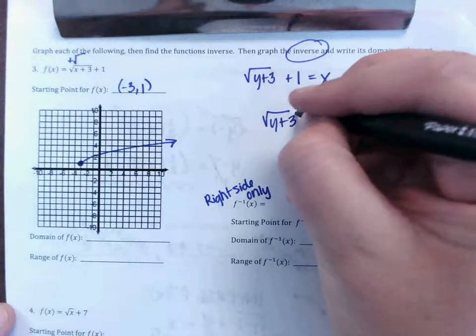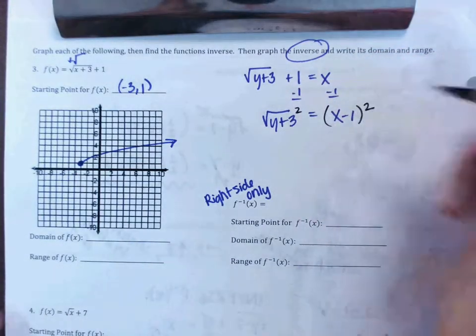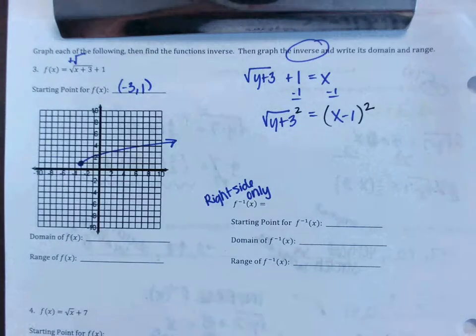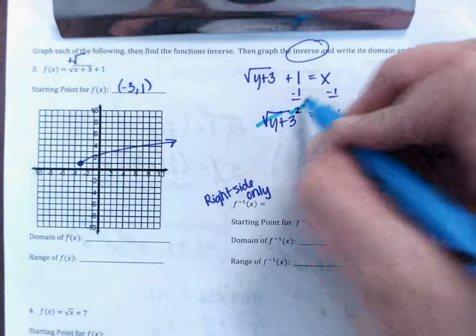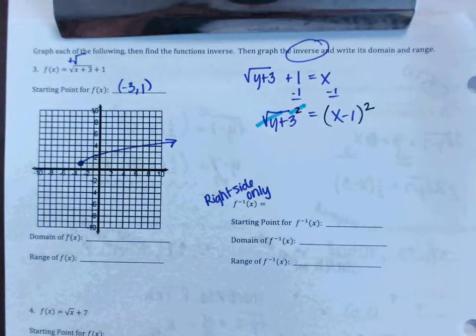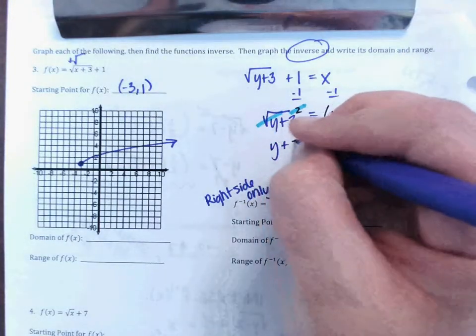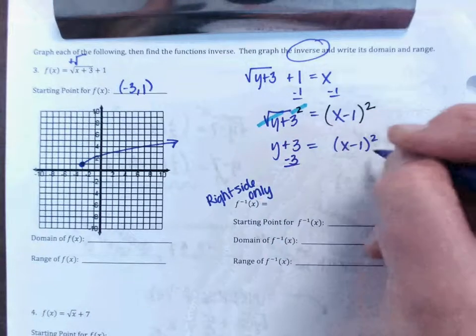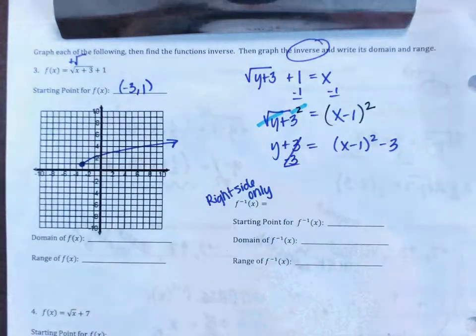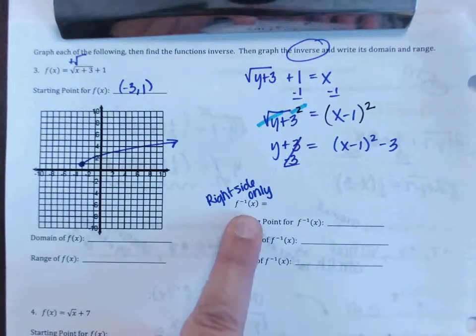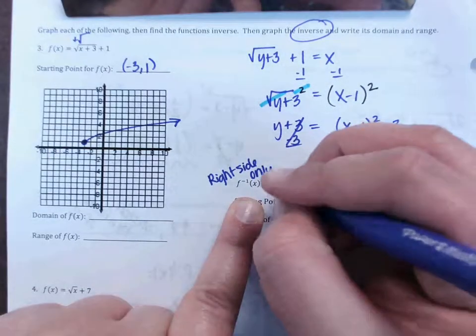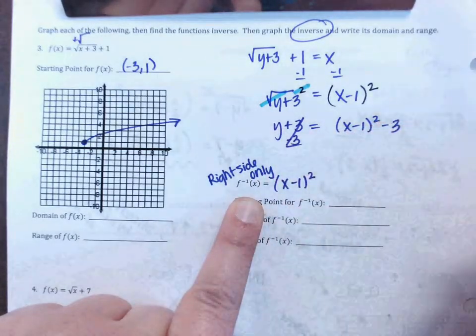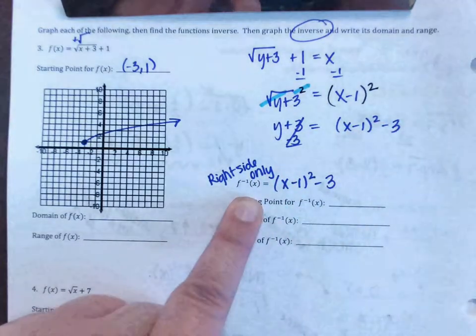We already did this before. Square both sides. Then remember, the square and the square root cross out with each other. Y plus 3 gets carried down. Then what do I do with the plus 3? Minus 3 here, minus 3 here. So right here it says f to the negative 1 equals x minus 1 squared minus 3.